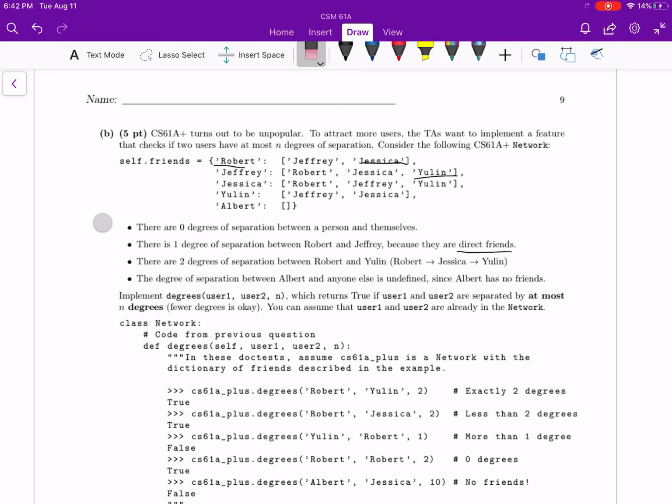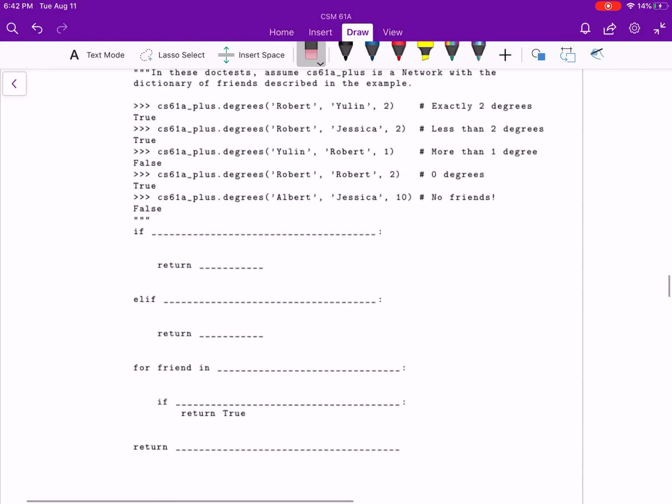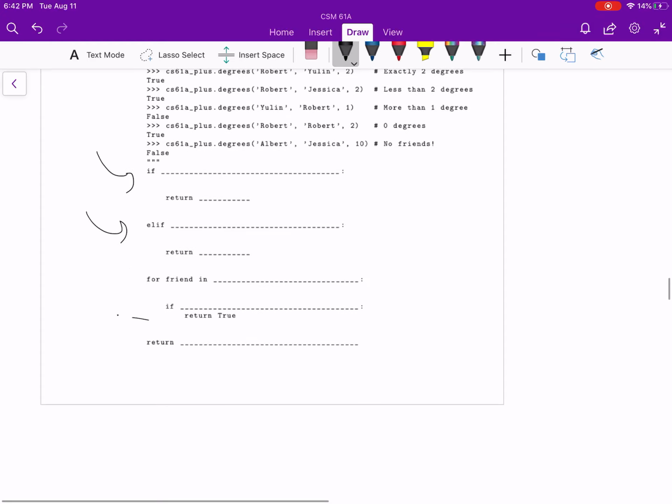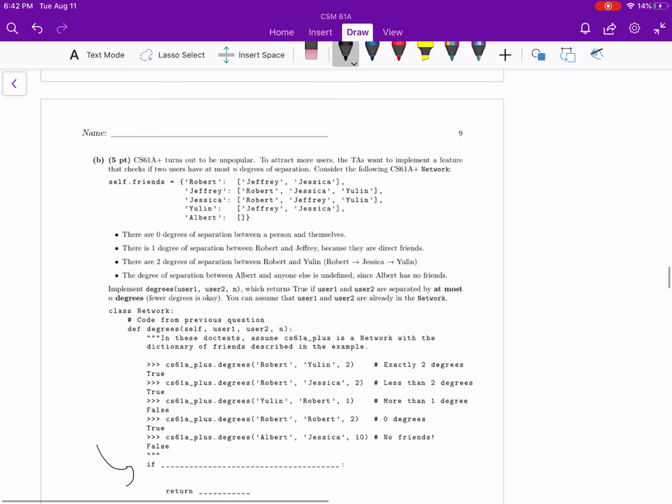All right, so let's take a look at the skeleton here. We basically have what seems like some base cases, and then maybe we'll have some sort of recursion in here. This seems like a very naturally recursive problem. Let's talk about why.